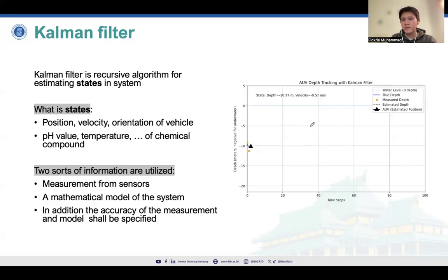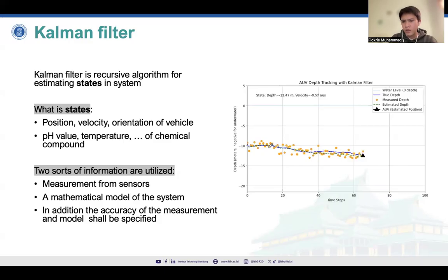This is, for example, an illustration of depth tracking of the AUV using Kalman filtering techniques. It's basically the true depth, which is shown as a blue line. This is the true depth, and our AUV should be following that true depth.